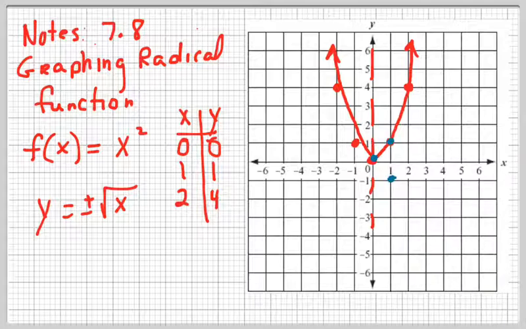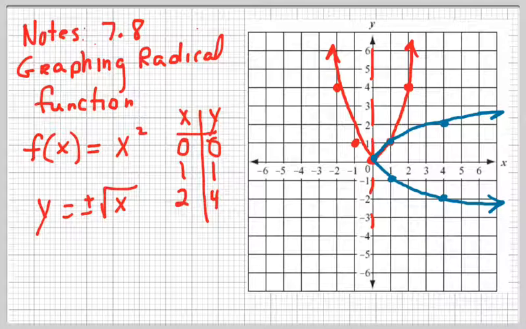I did notice on some of your graphs you weren't having much of a curved shape to your parabolas. They do have that nice gentle curve. And we can see that also in the radical function. Now the radical equation, you can see this blue one is not a function.